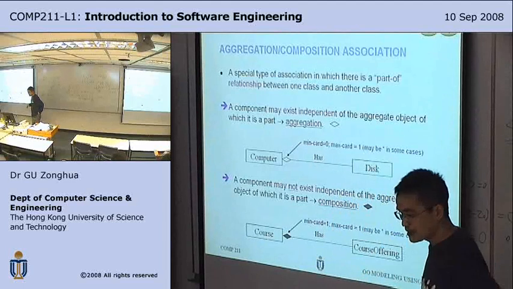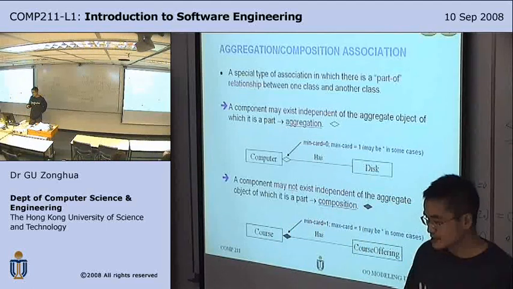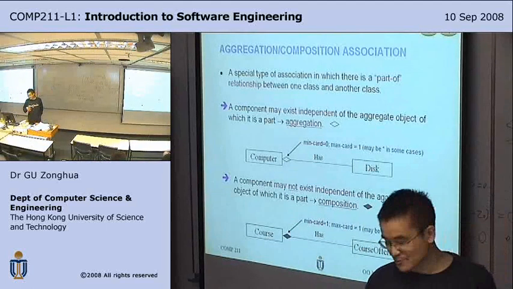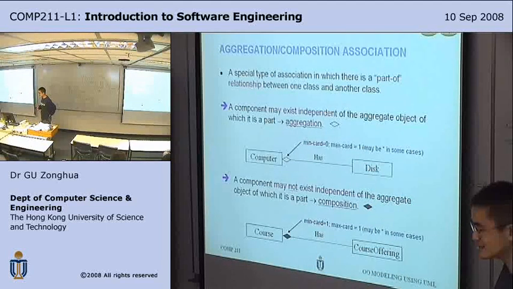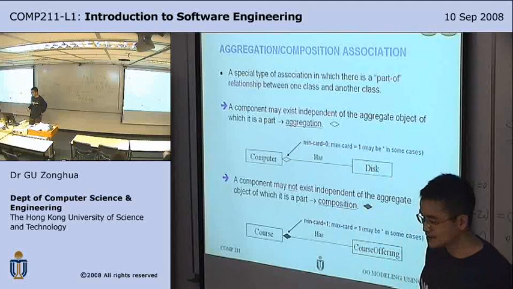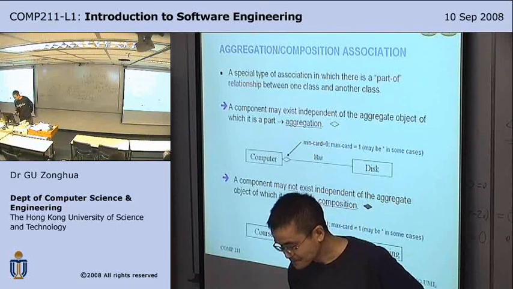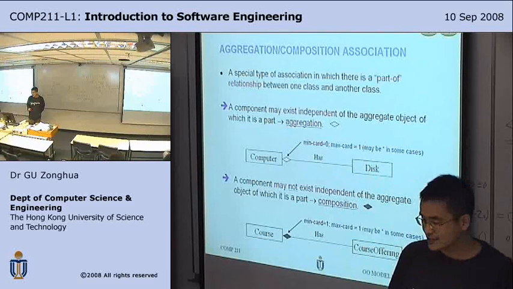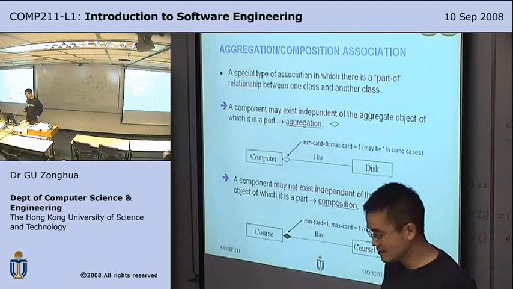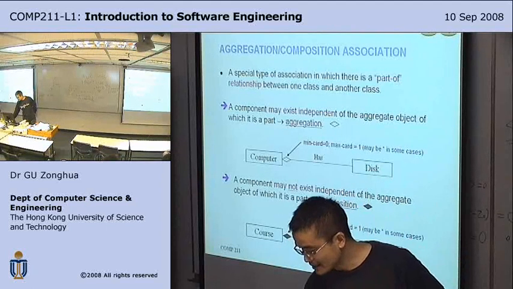For aggregation, it means that a component consists of some other components as part of it, but these other components can exist independent of the aggregate object. For example, here a computer has disks. But the disk can exist independent of the computer. You can buy a disk from the store without a computer. So it is aggregation.